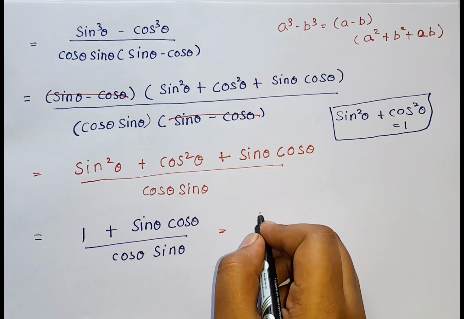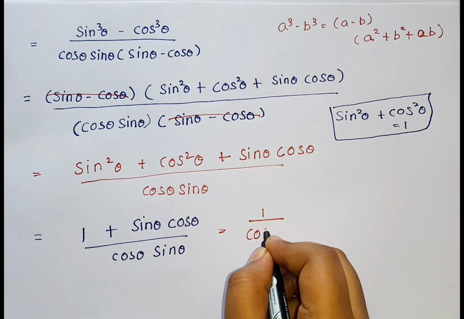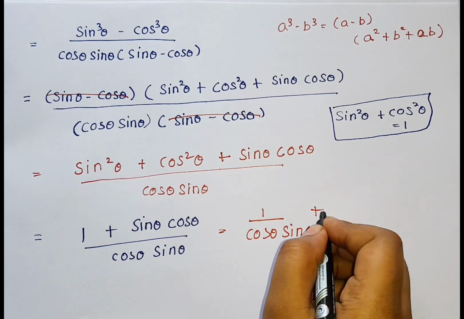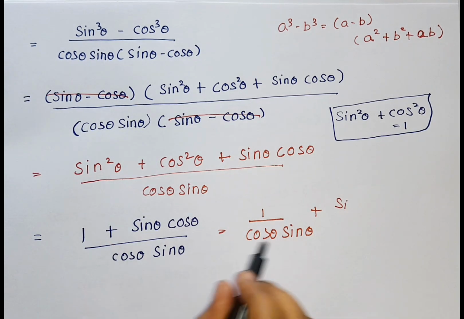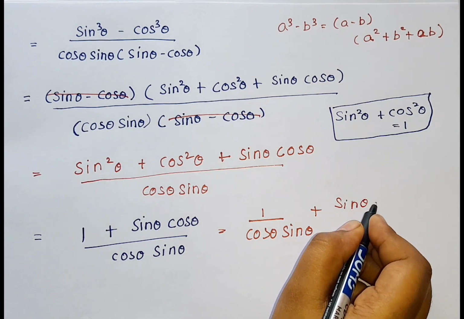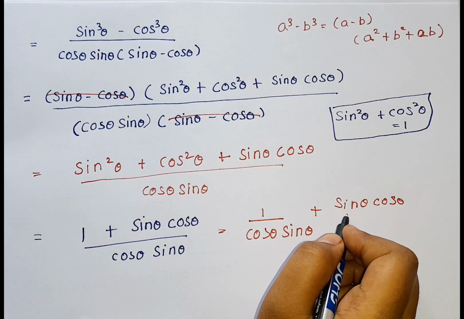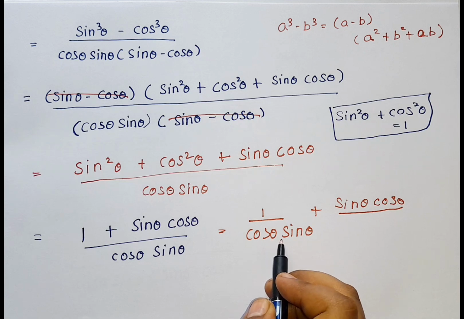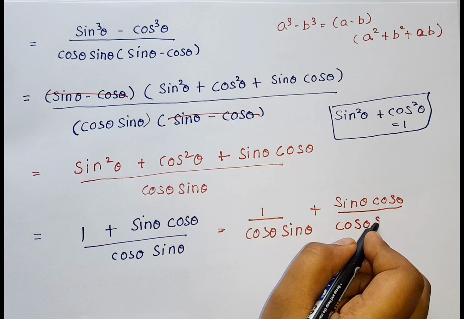I'm going to separate as 1 divided by cos theta sin theta, and then plus sin theta cos theta, and then divided by the same denominator, that is cos theta sin theta.